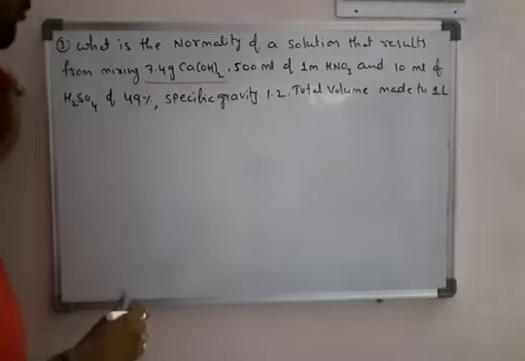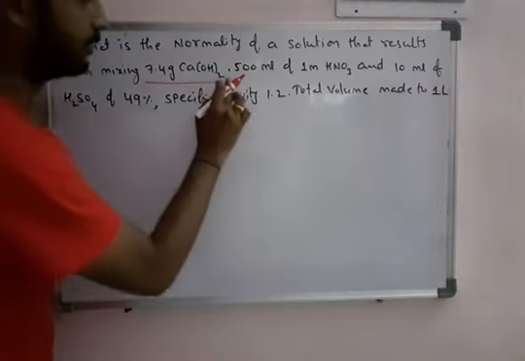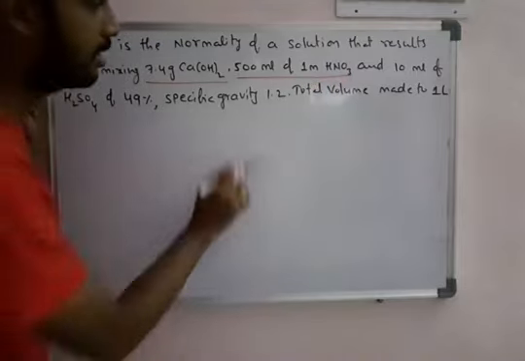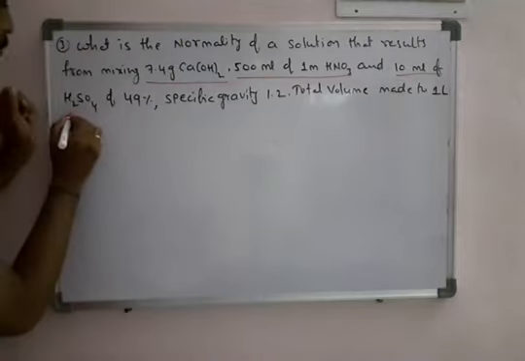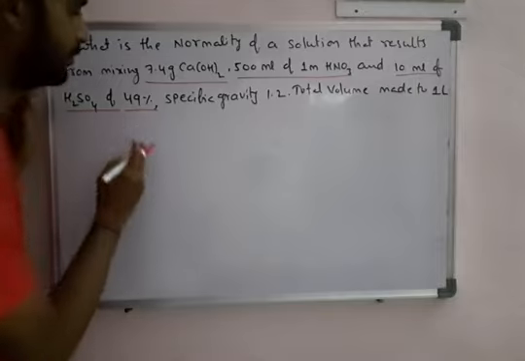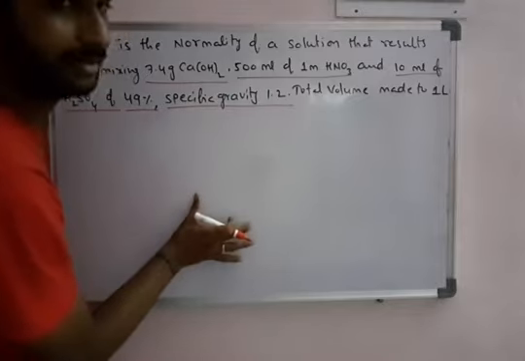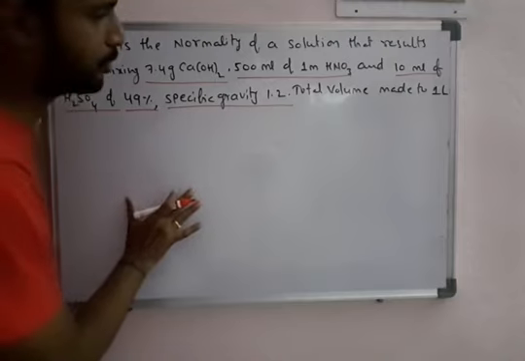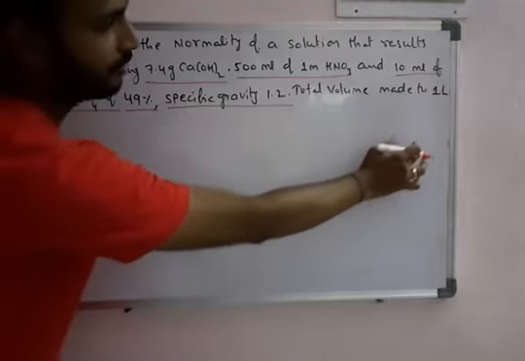It is given in terms of weight, 7.4 grams of calcium hydroxide, and 500 milliliters of 1 M HNO3, whose concentration and volume are given. Next, the third solution is 10 milliliters of H2SO4 of 48% with specific gravity 1.2, and just like the earlier problem, the total solution was mixed and diluted to 1 liter.